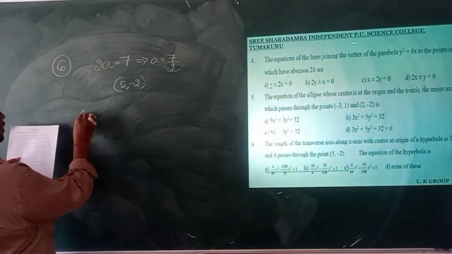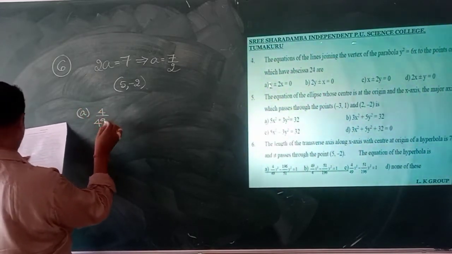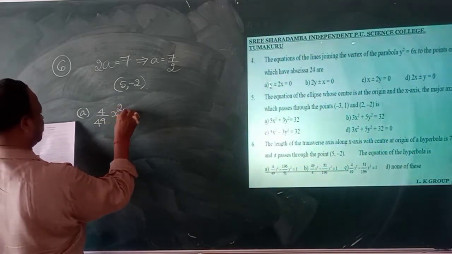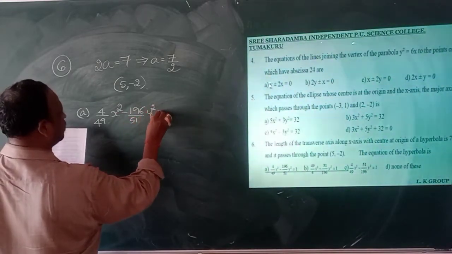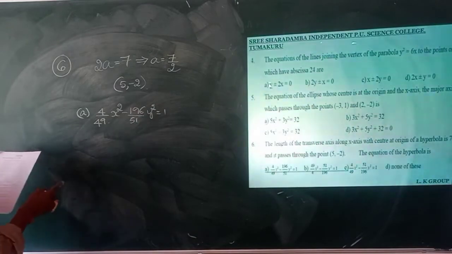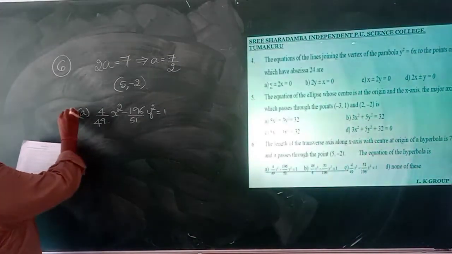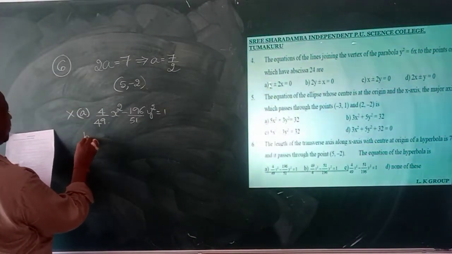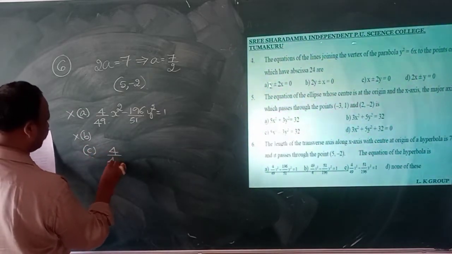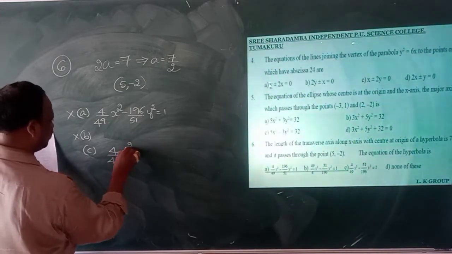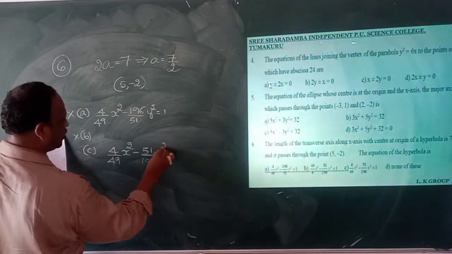Here in option A you can observe 4 by 49 x square minus 196 by 51 y square is equal to 1. If you substitute (5, -2) in this, you will not get 1. Option A is not the answer. Similarly, option B. Check option C: 4 by 49 x square minus 51 by 196 y square is equal to 1.